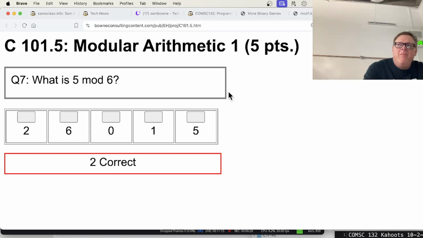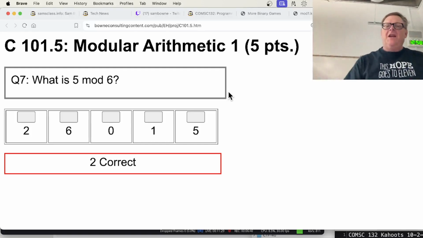It's minus 1, if you're going to do it that way. But that's not the canonical number. Anybody got it? 5 mod 6? Yeah, 5, right? Because it's 0 6s plus 5. It's 5. Now, 6 mod 5 is 1, but 5 mod 6 is 5.